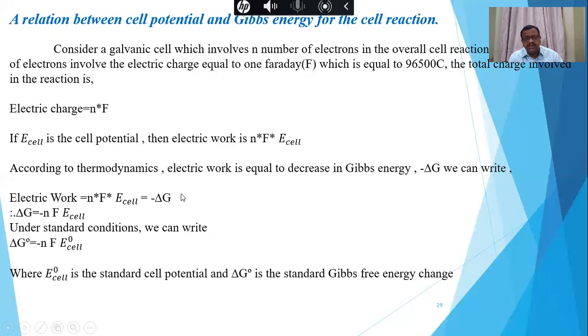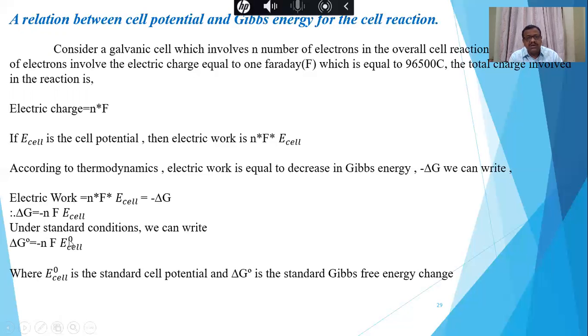According to thermodynamics, electrical work is equal to the decrease in Gibbs energy. Whenever there is a decrease in energy, we write Gibbs energy with a negative sign, so minus delta G. So electrical work nF E cell is equal to minus delta G. Therefore, delta G is equal to minus nF E cell.